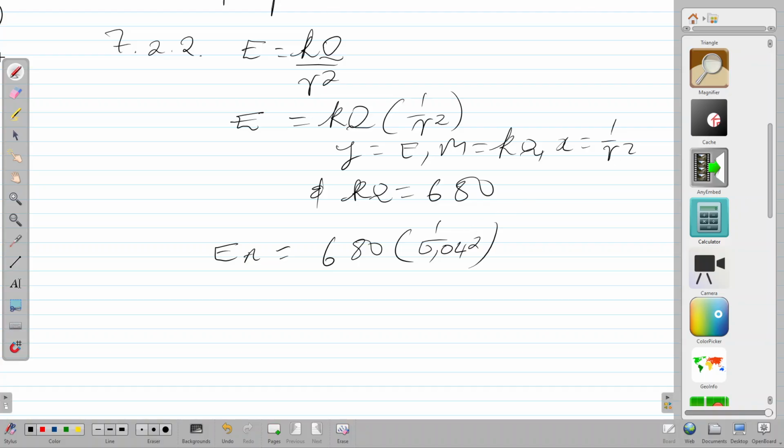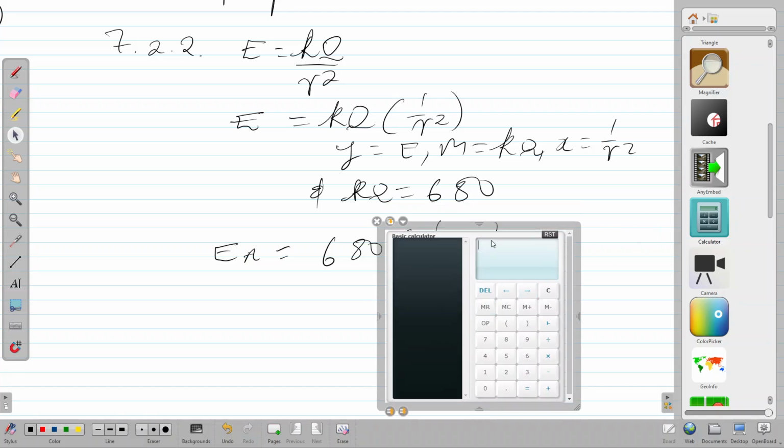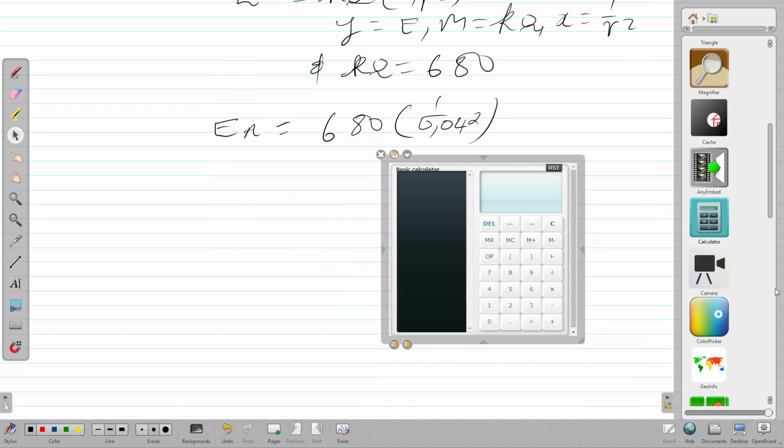Okay, let's take our calculator and see what this gives us. So we'll have 680, divided by 0.04 squared.